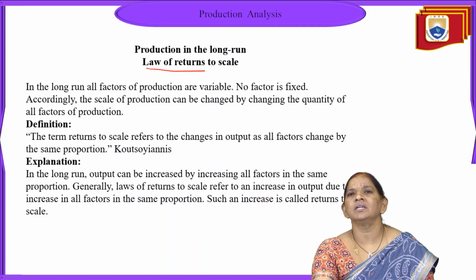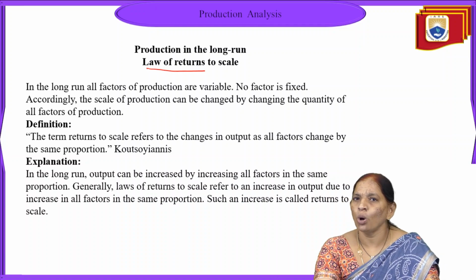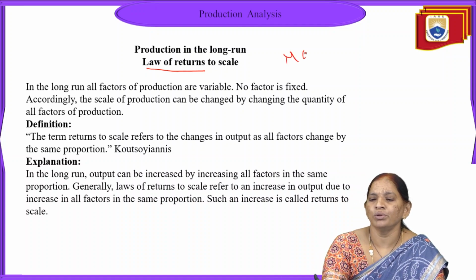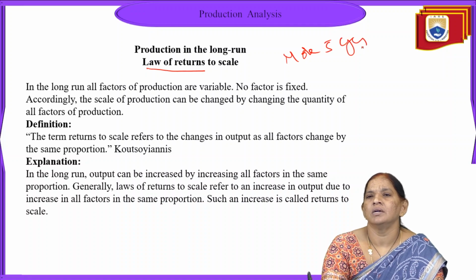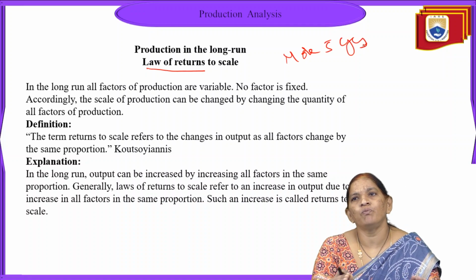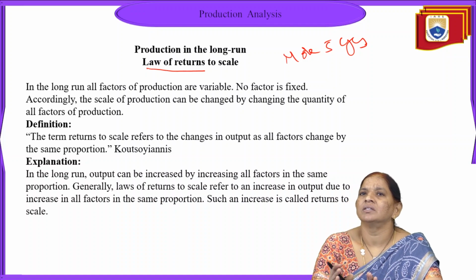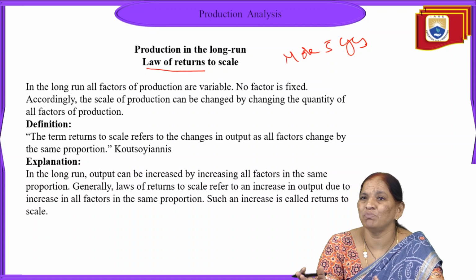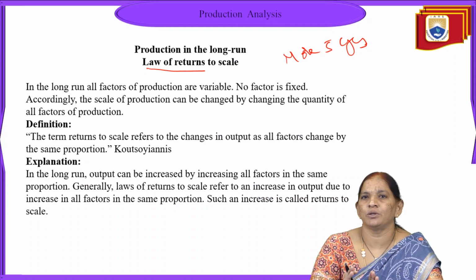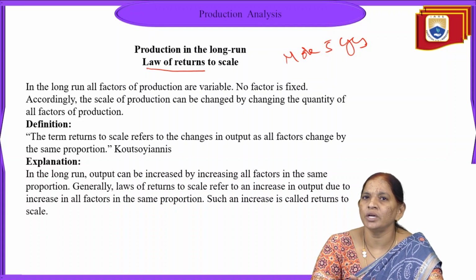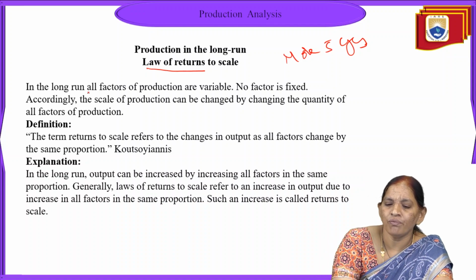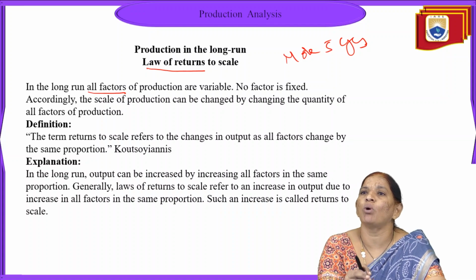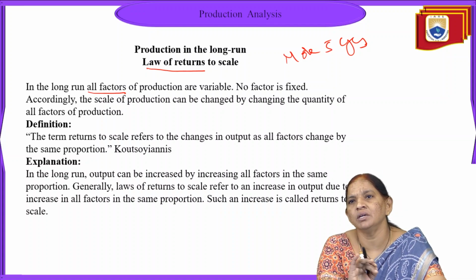As we have taken in the introduction, a long run production function means we have taken a time period ranging from 1 year to 5 years, where we have sufficient time to change the factors of production. That's why in the long run all factors of production are changeable or variable.